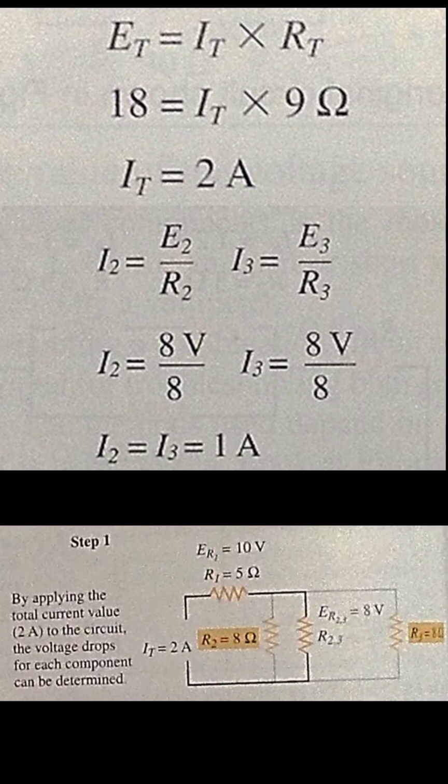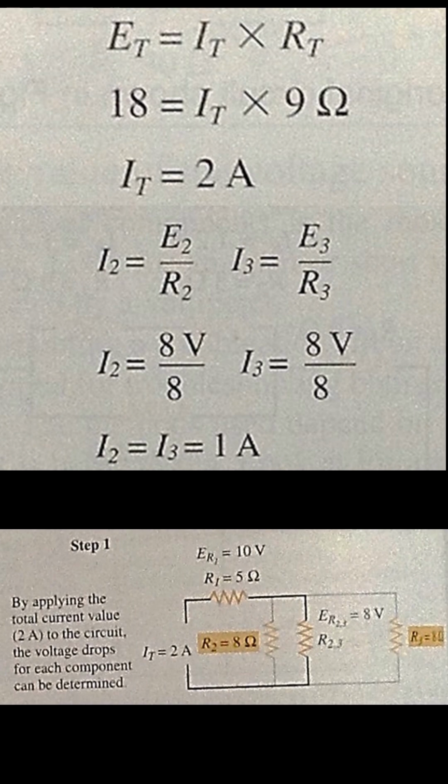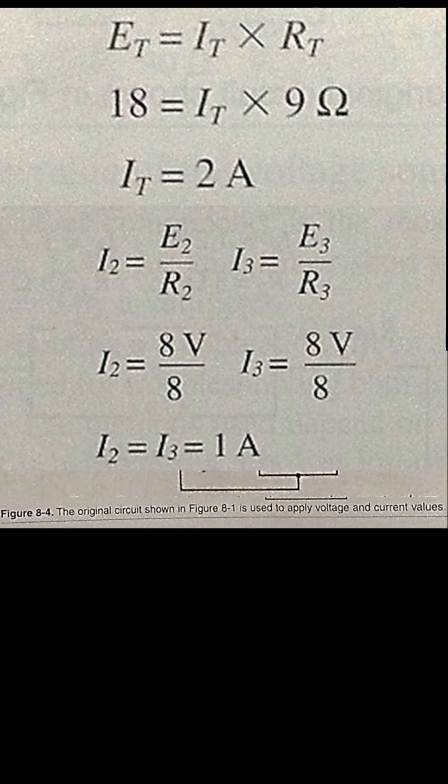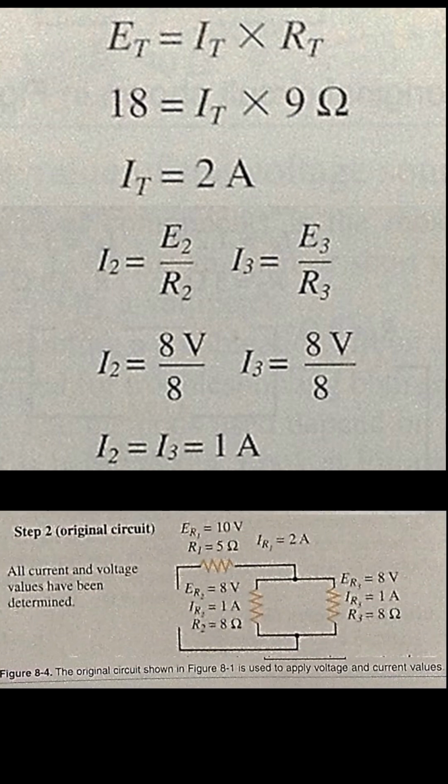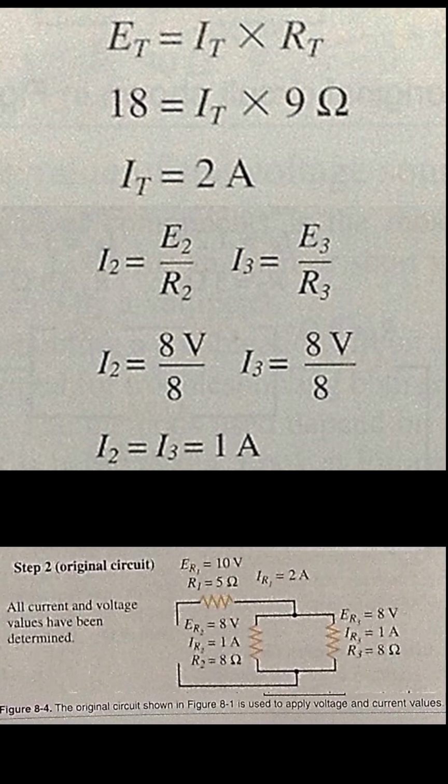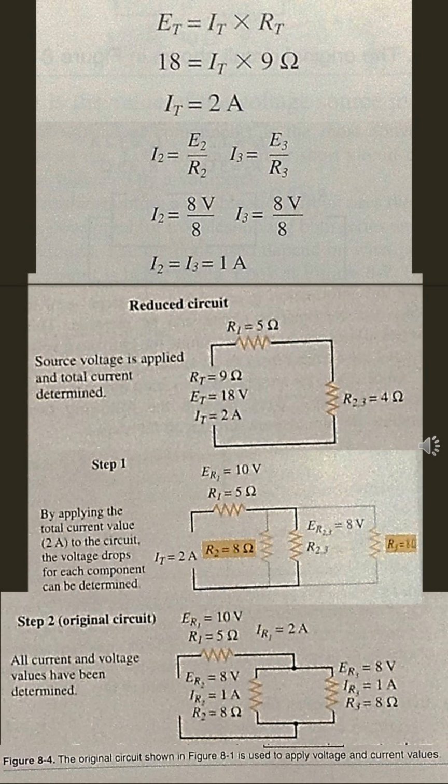Current 2 equals voltage 2 divided by resistance 2, which is 8 volts divided by 8, equals 1 amp. Or current 3 equals voltage 3 divided by resistance 3, which is 8 volts divided by 8, which is also 1 amp. R2 and R3 both have current values of 1 ampere.